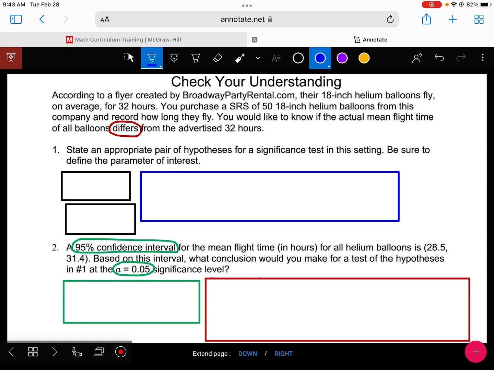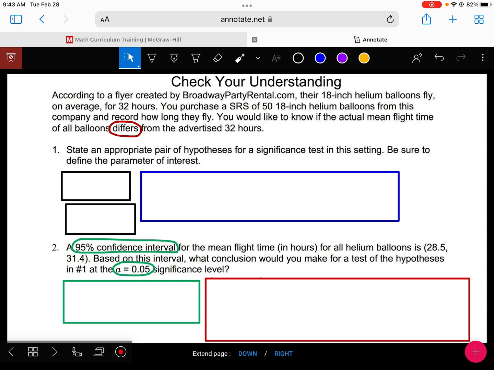What would the hypotheses be here? Yes, something along those lines, yes.